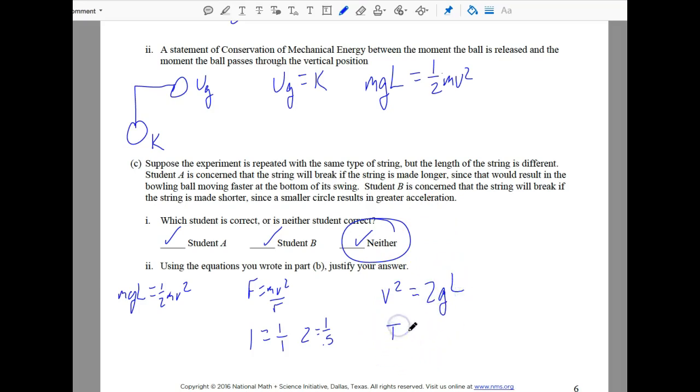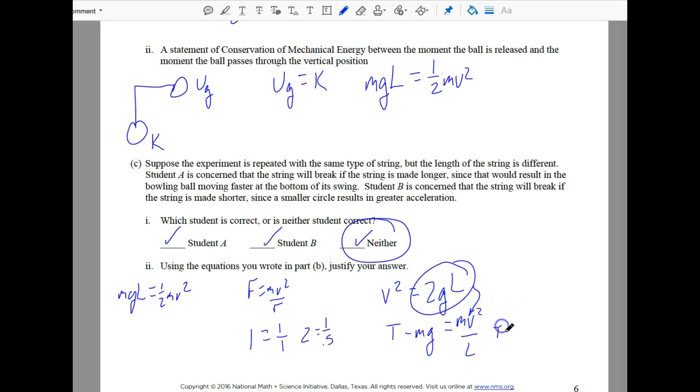And our overall equation for tension is tension minus mg, if you remember, was equal to, and then we can pull this back down so we can see, mv squared all over L. Let's substitute this into the v.